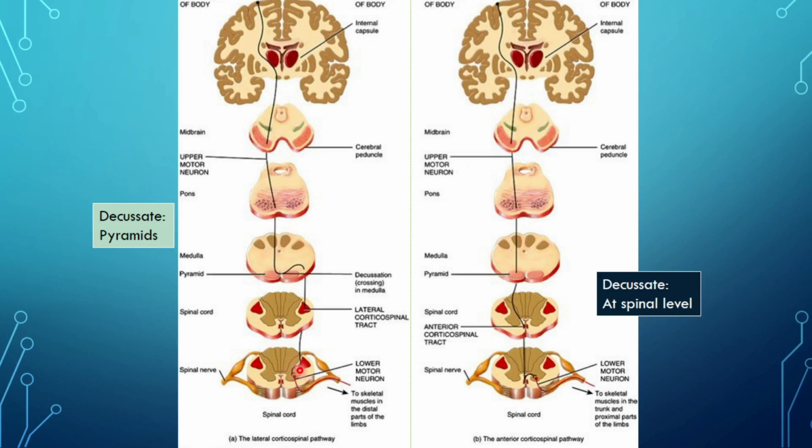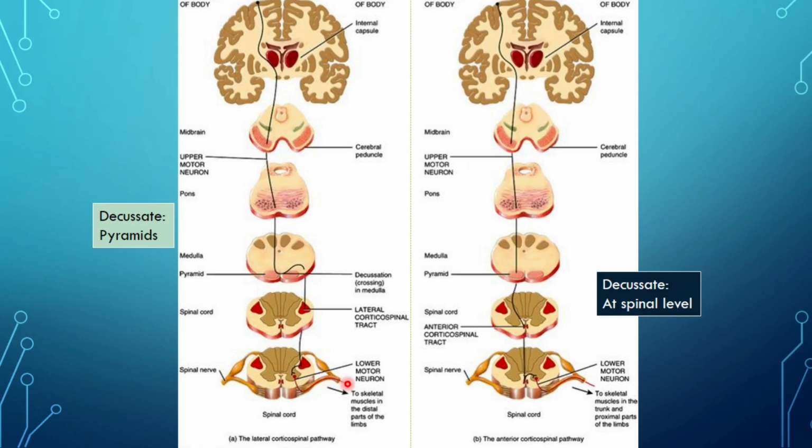Once it's in the grey matter, in the ventral horn of the spinal cord, we see our synapse between the upper motor neuron and the lower motor neuron. And from there, the lower motor neuron, which is a peripheral nervous system neuron, passes out via the ventral root and enters into the T1 spinal nerve.